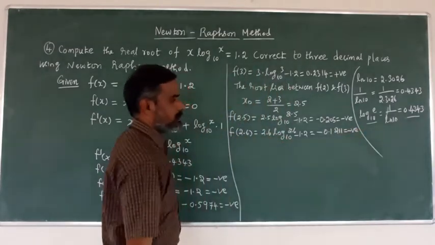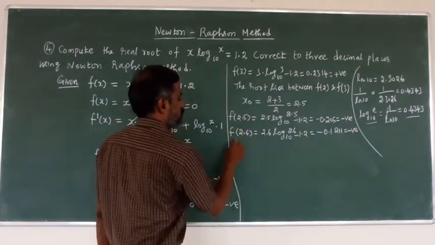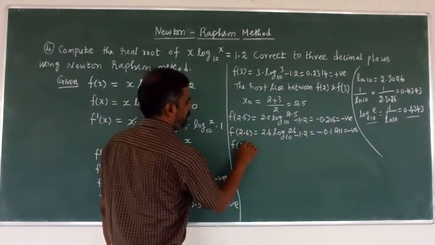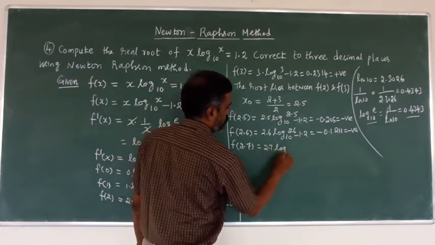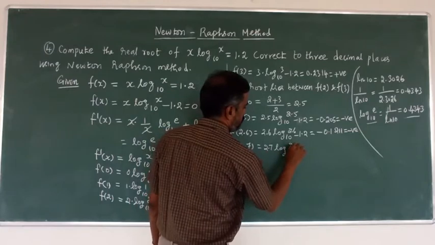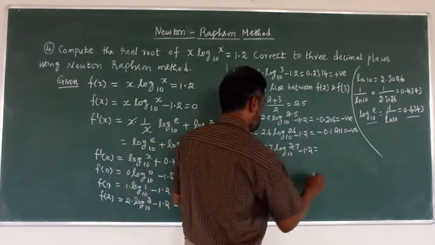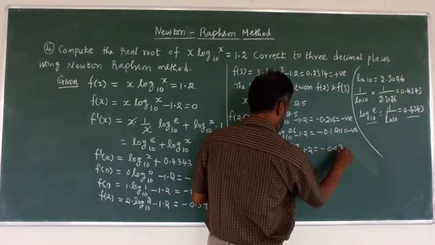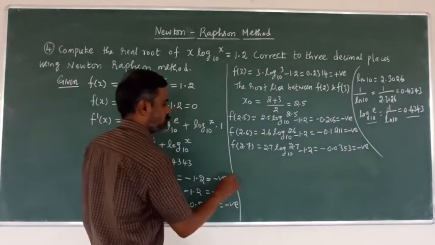This is also negative. Now we increase the x value to 2.7. Now 2.7 log₁₀ 2.7 minus 1.2, we get the result minus 0.0353, negative.